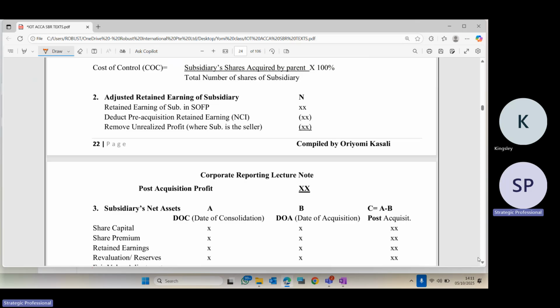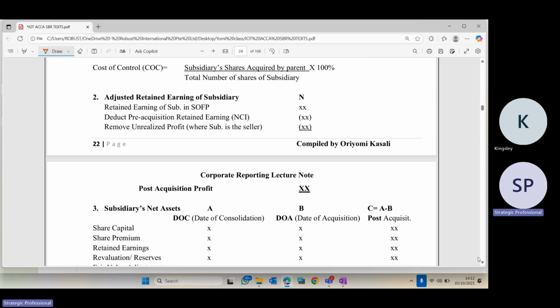NCI is the remaining share that's not acquired, the portion that is left after acquisition. The full meaning of NCI is non-controlling interest.